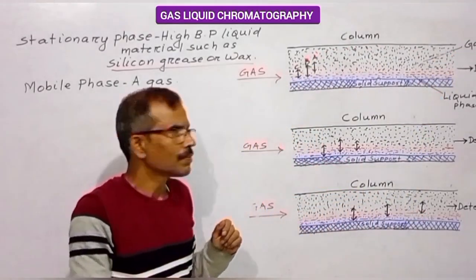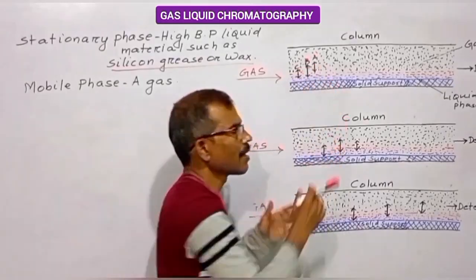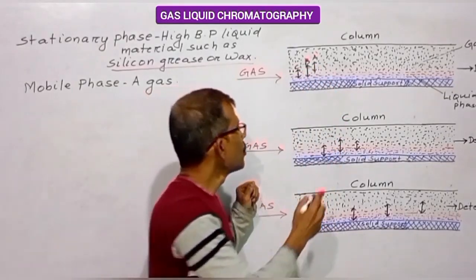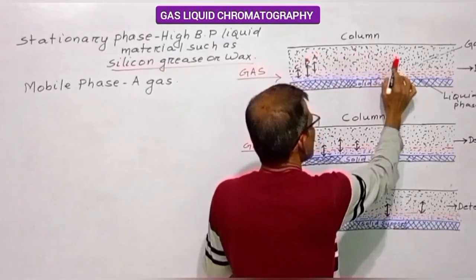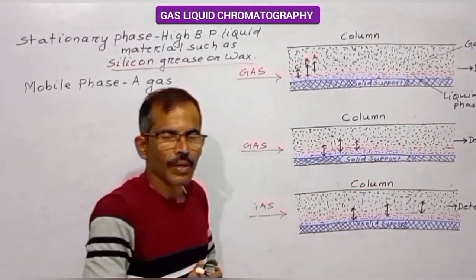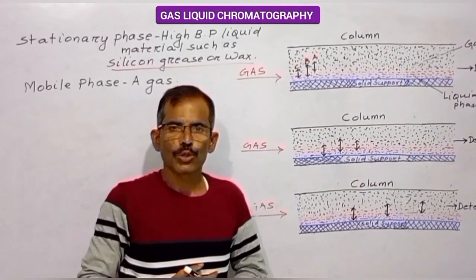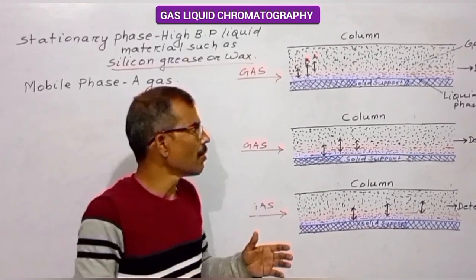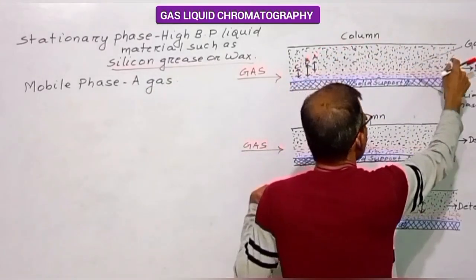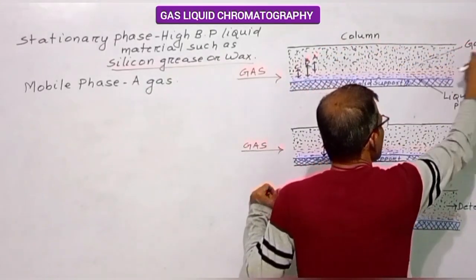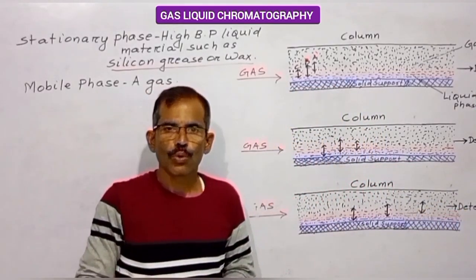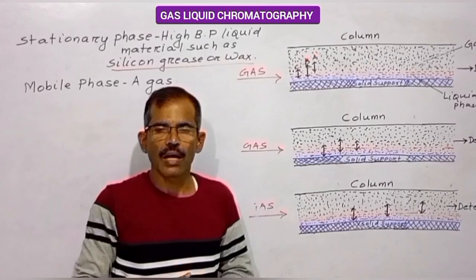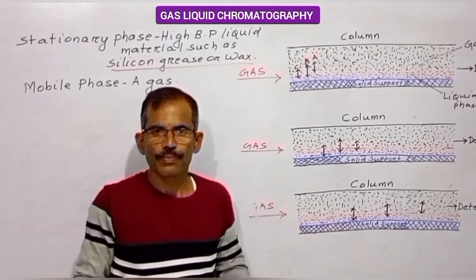Inside the column, different analytes undergo repeated partition between the stationary liquid phase and the mobile gas phase. The analyte which is most volatile favors the mobile phase and hence elutes out of the column fast. Other analytes which are less volatile are eluted later on.